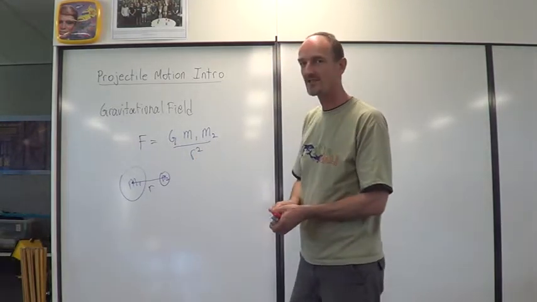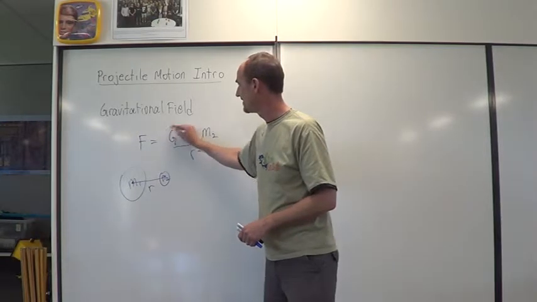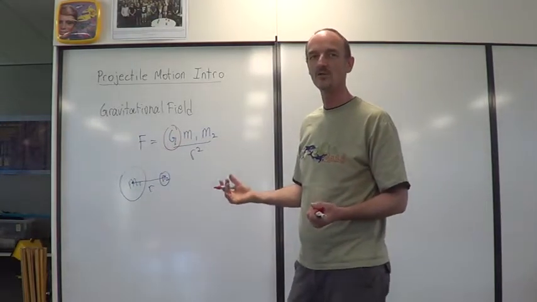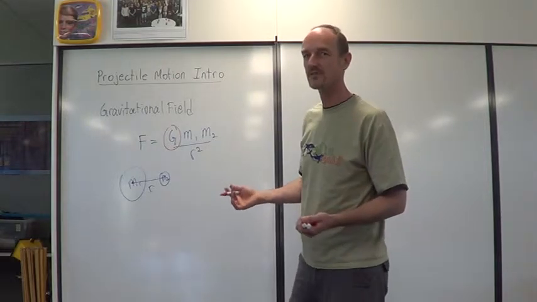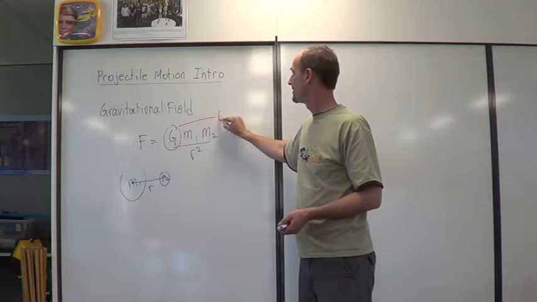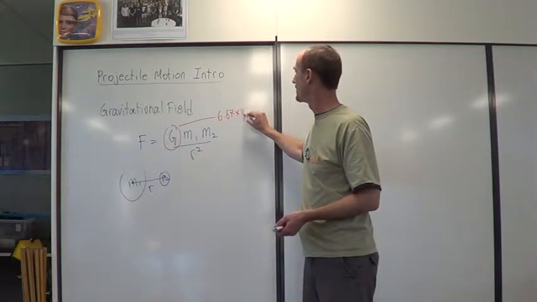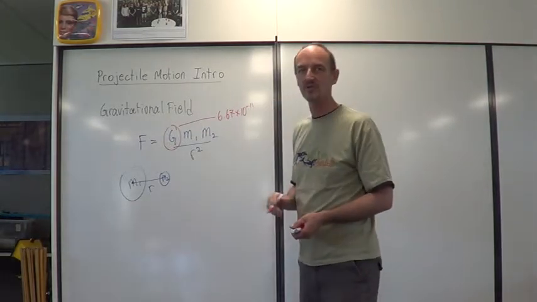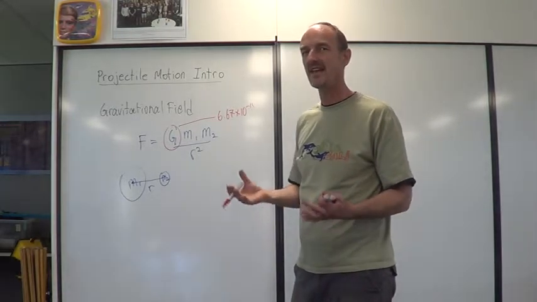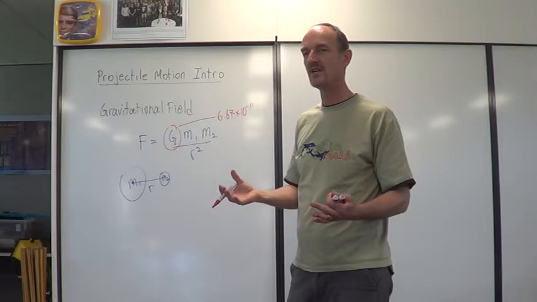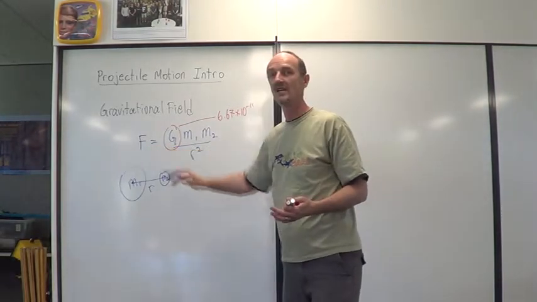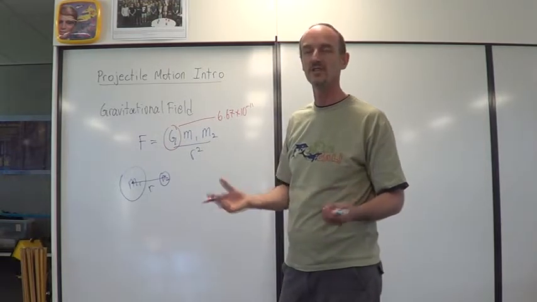Now you might ask, well, what's this thing here? This is called the universal gravitational constant, and it has a value of 6.67 times 10 to the minus 11. Essentially that number helps give an answer for the force in the units that we're familiar with.